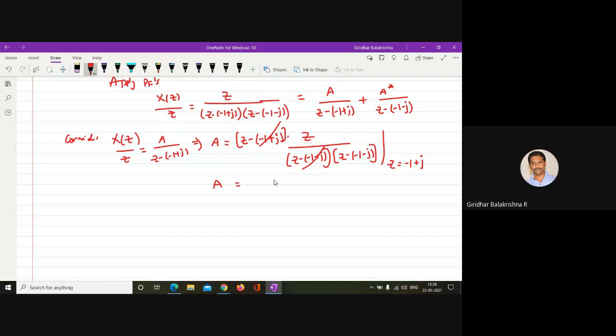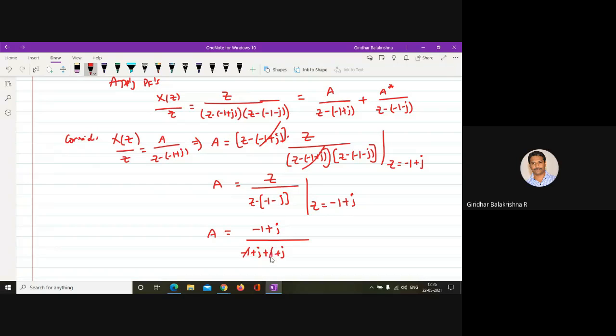Therefore, the remaining term is z by z minus of -1 minus j at z equal to -1 plus j. Now substitute directly z as -1 plus j by -1 plus j. If we substitute, minus of -1 is +1, minus of minus j is plus j.